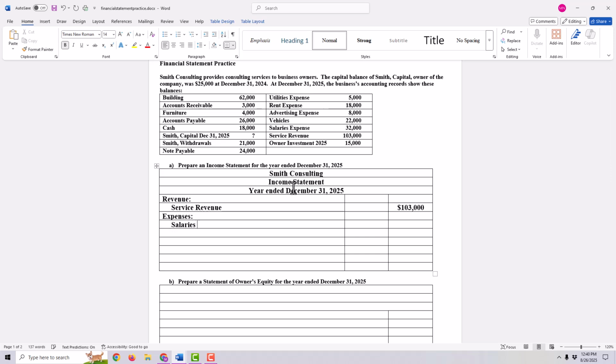So salaries expense would be first at 32,000. Because I'm going to subtotal and add up these expenses, I'm going to put these numbers on the left, and the total expenses would be over here on the right. So I'm just going to go ahead and fill these in.